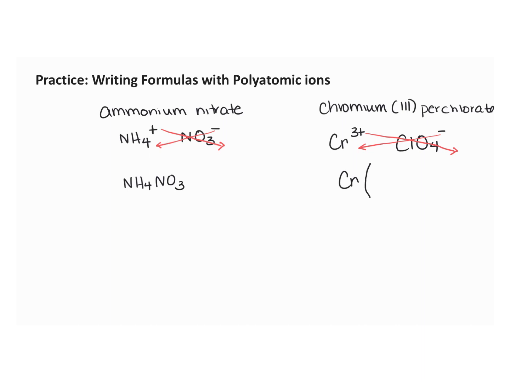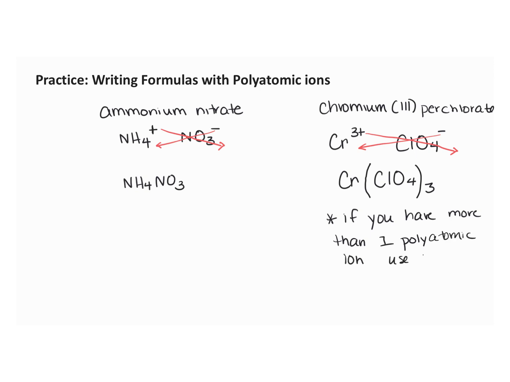And so if you have more than one polyatomic ion, you need to use parentheses because you're tripling this whole thing. It acts like a package. It stays together. So if you have more than one polyatomic ion, use parentheses. Okay? And so that's what we see there.